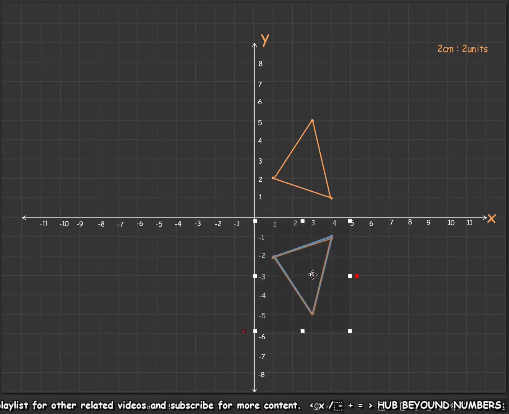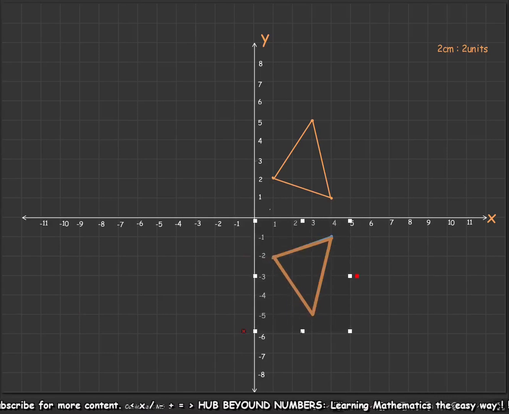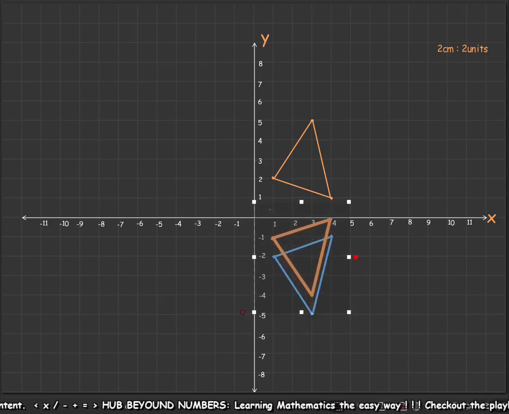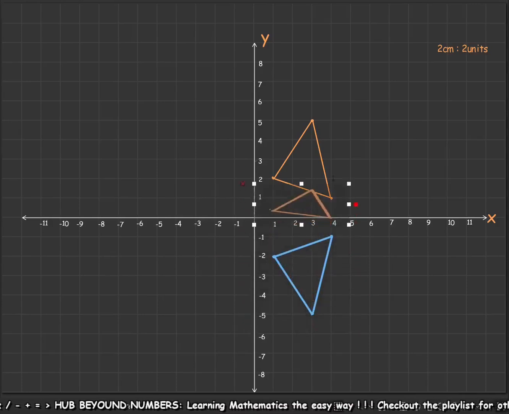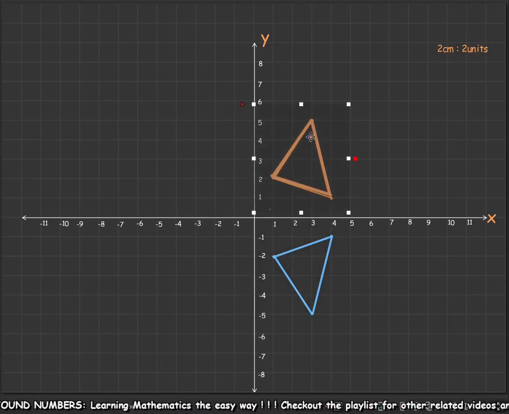You see that? That is an illustration of what? Reflection. You see? And if you flip over the mirror line and then flip again, it is going to fit perfectly into the object, you see. So that is just an illustration of reflection.